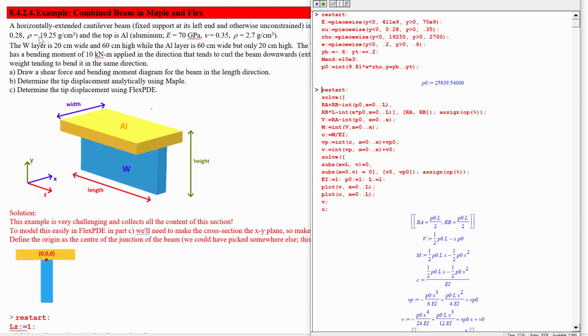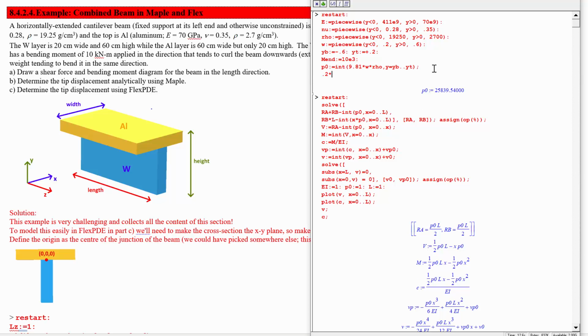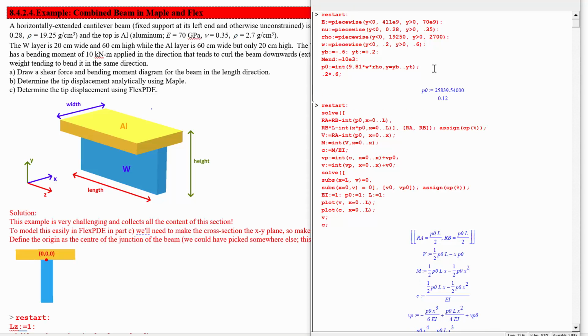Let's see, we've got 20 by 60 by 1, which is, what's the volume? 0.2 times 0.6 is 0.12 cubic meters. And so we're going to have 2,000 roughly kilograms of tungsten by itself, and then some aluminum as well.